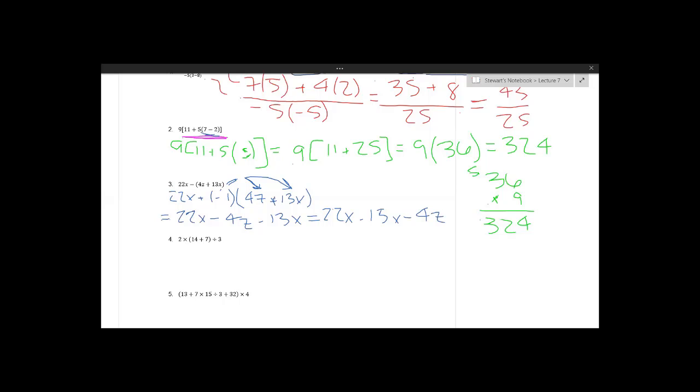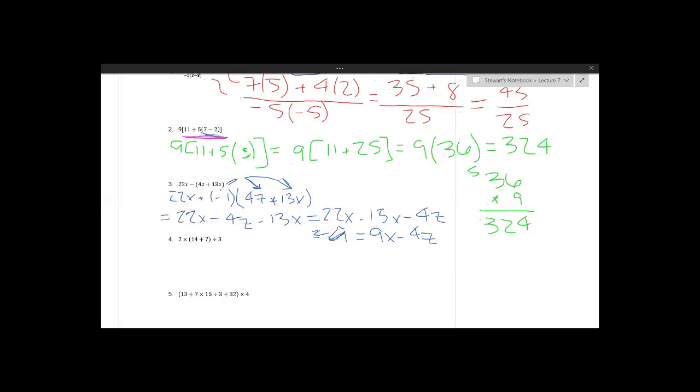Since the 22 and 13 both have an x attached to them, they're considered like terms. They have the same variable, so we can combine them. So 22 minus 13 would be 9. So we're left with 9x minus 4z as our final answer.